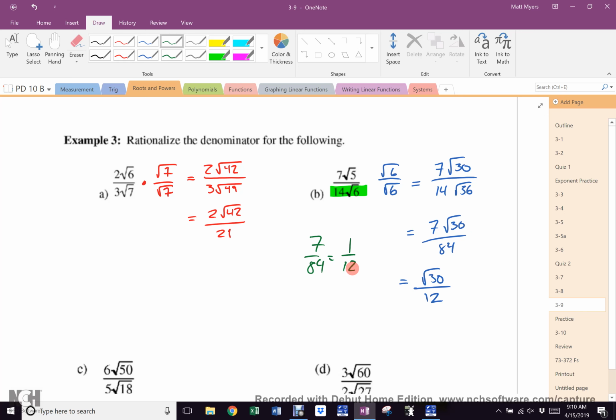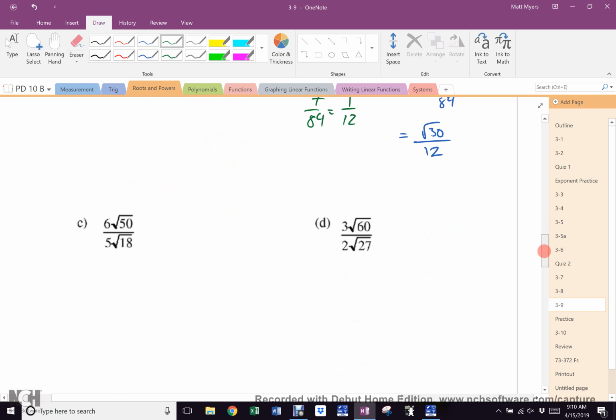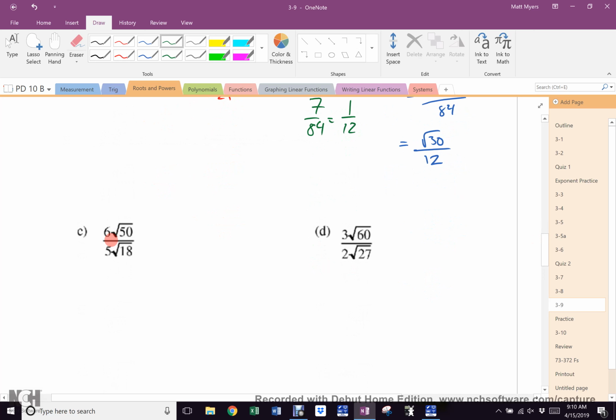Now, just like when we're multiplying, when the numbers get bigger, what should we do? Simplify. So do we have bigger numbers in C? So we better simplify. What is 50? 25 times 2. What's coming out? 5. So I've got 30 root 2. Agreed? Over. What's 18? 9 times 2.